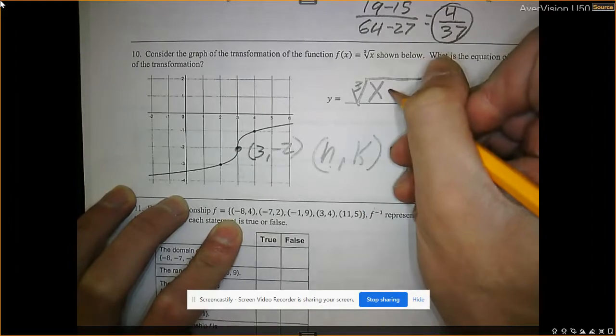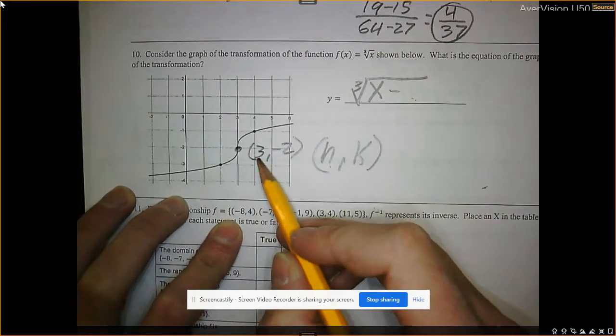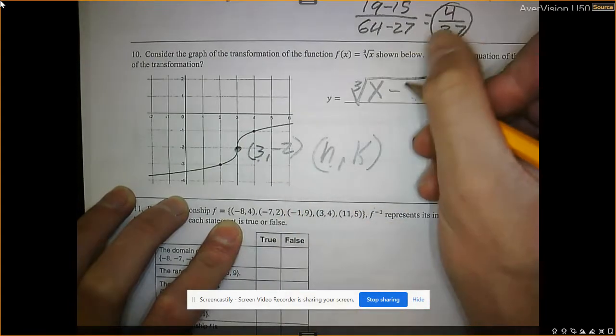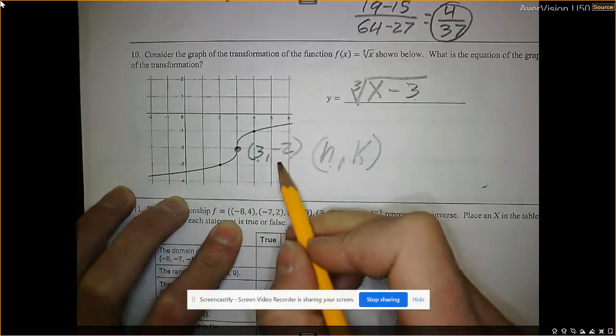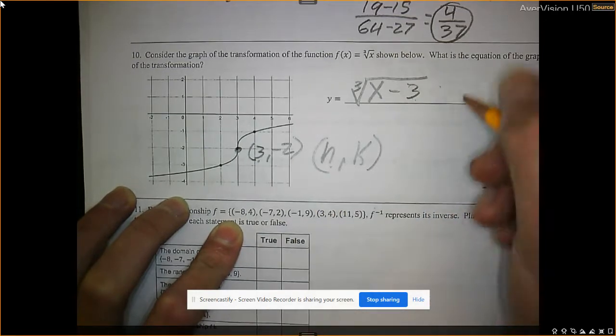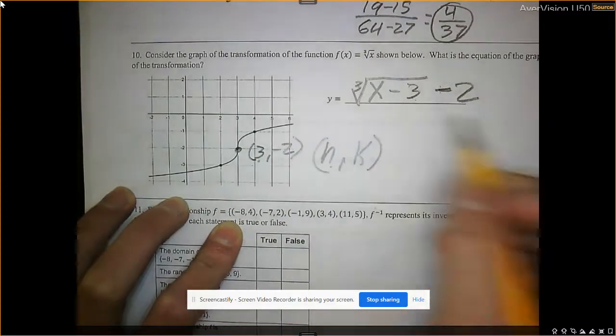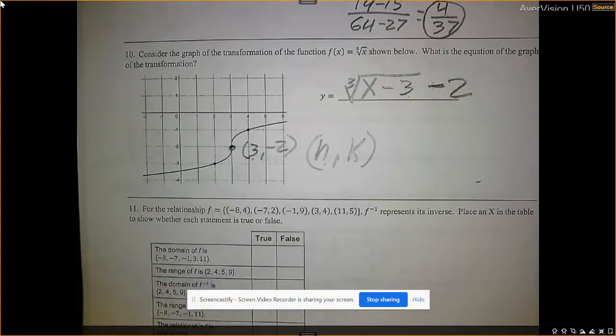It's always x minus h in our root. Well, h is 3, so we have x minus 3, and then outside is our k. It's plus k, but it's negative 2, so it's plus a negative 2, or you can just say minus 2. That is your function.